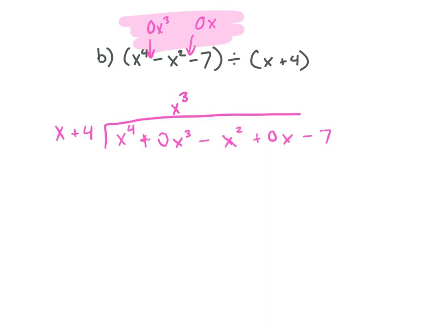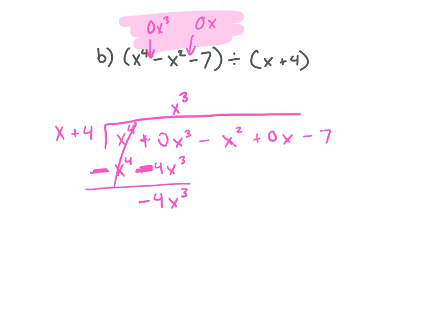So x cubed times x would be x to the 4th. X cubed times 4 would be 4x cubed. What do we do next? Change the sign. Cannot forget to change the sign. This way, these cancel. Then we combine. What is 0 minus 4? Negative 4x cubed.